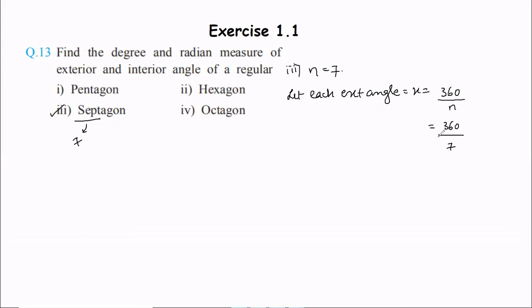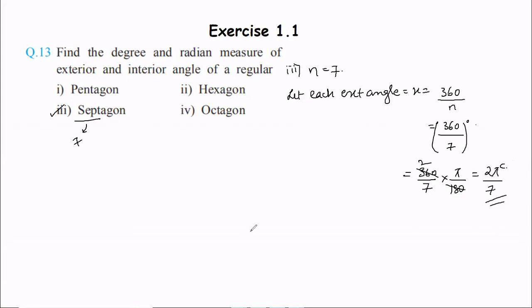So shall we cancel it? If we are able to cancel it, or it's okay if we keep it this way. 360 by 7 degrees you are getting. If you cancel, you'll get the answer in terms of decimal. Now we need to convert this into radian as well. 360 by 7 into pi by 180. So these two get cancelled, 2 is remaining. The answer in terms of radian is 2 pi by 7 radian.